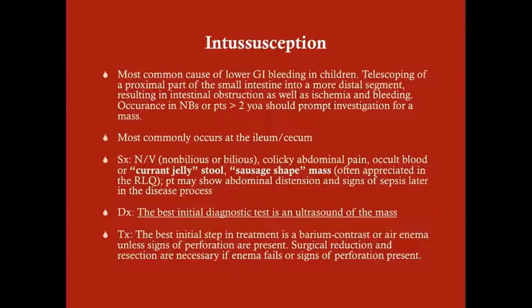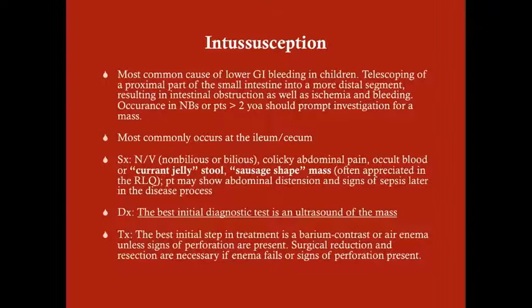This usually occurs in infants, younger than the age of 2. It very rarely occurs in newborns, younger than 2 months old or a month old, and it rarely occurs in older children, toddlers, elementary school age children, teenagers, adults.